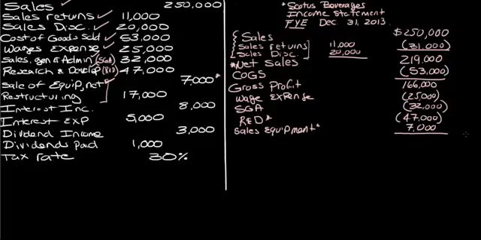They're not continually redoing their business. So this is what I'm going to call my operating income. This is operating income. Okay, and that number is $69,000.